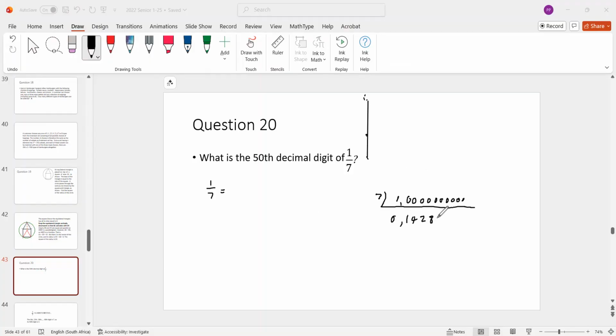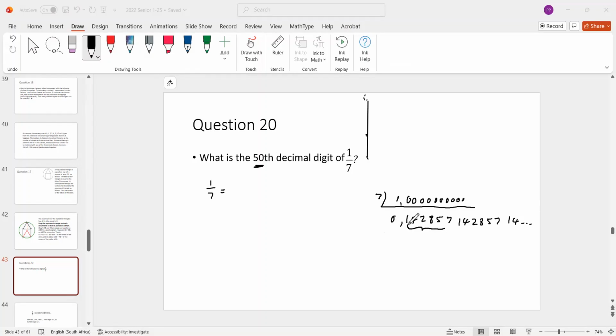Okay, I'm not going to do it in detail, but this is what you get. It's a recurring decimal, and it's 142857, which recurs, and you want to know what the 50th decimal digit of this is.